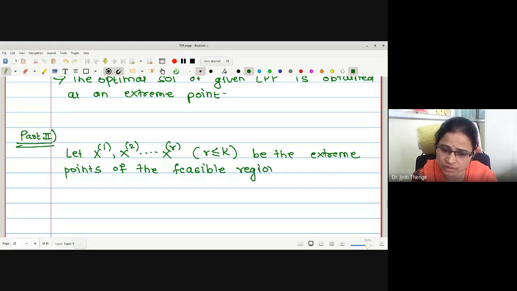Extreme points of the feasible region F, at which the objective function assumes optimum value.